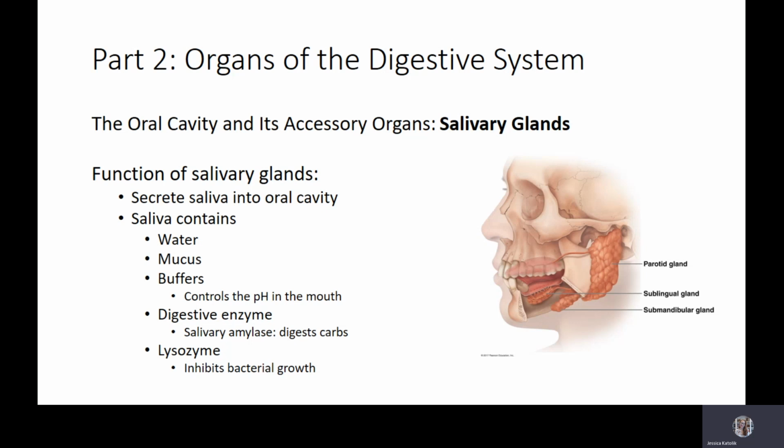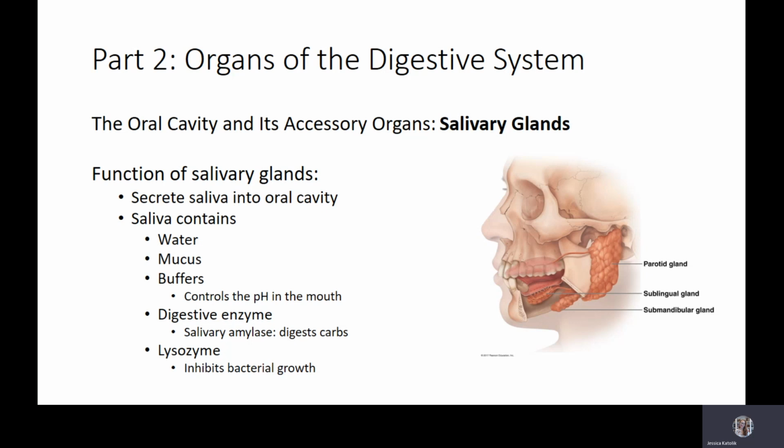And buffers are going to play a role in regulating and changing that pH depending on which organ we are in. So in the mouth, the buffers are going to neutralize the pH. And so it's going to make sure that the mouth doesn't get damaged by anything too acidic or too basic that we eat. So it's going to kind of help neutralize that.